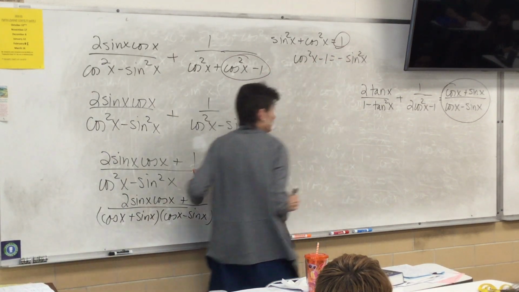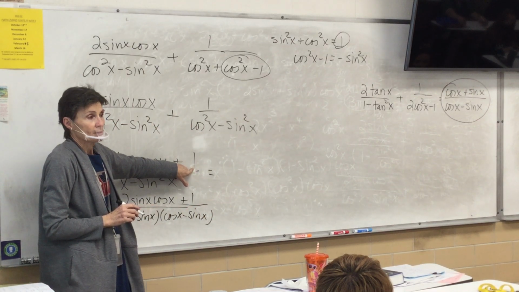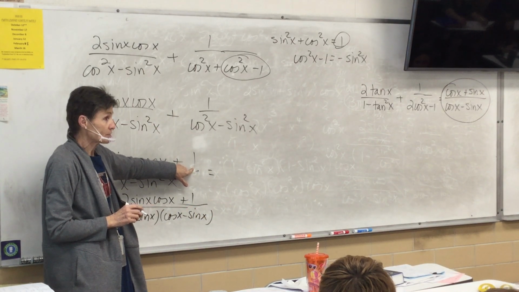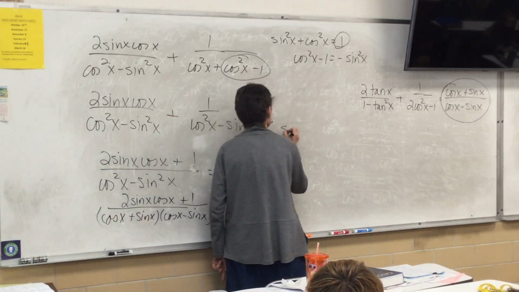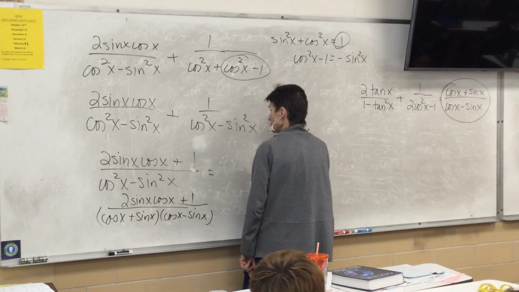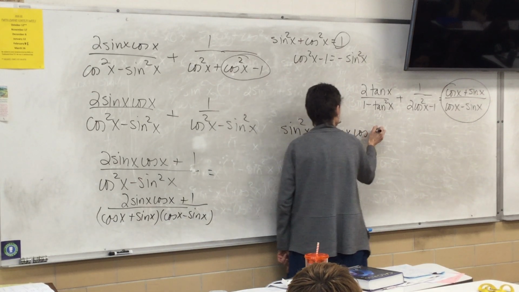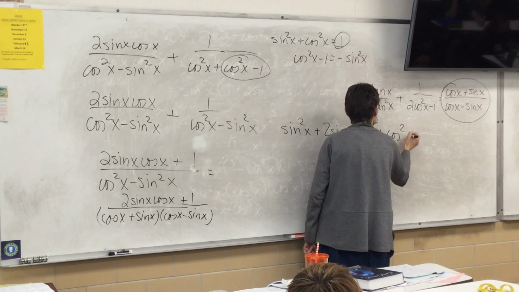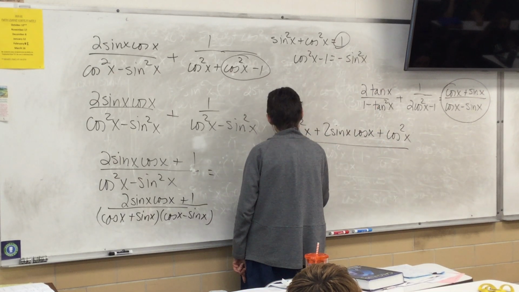What does 1 equal? What does this 1 right here equal? Sine squared plus cosine squared? So I can write my numerator as sine squared plus 2 sine cosine plus cosine squared over my denominator.